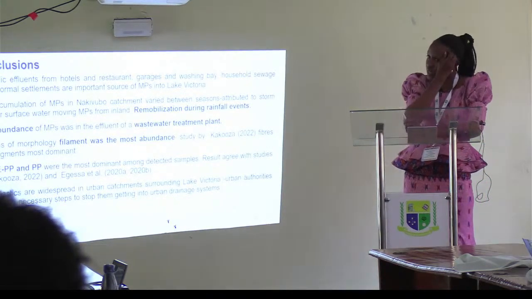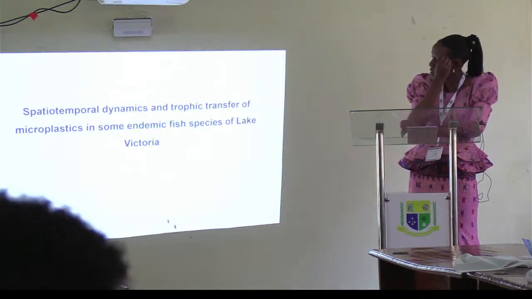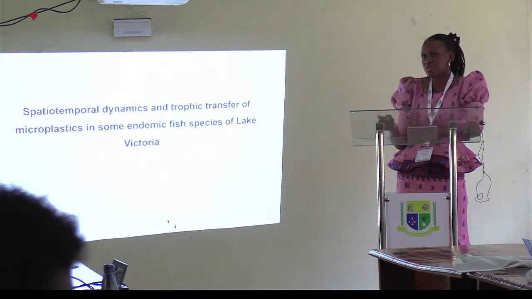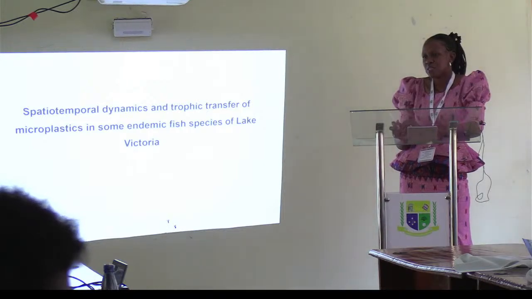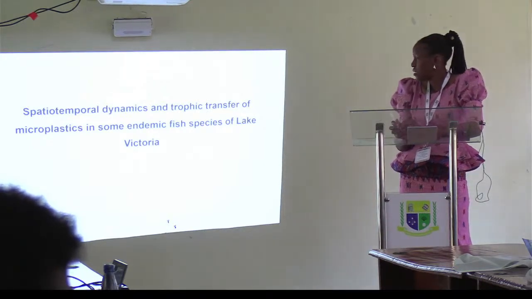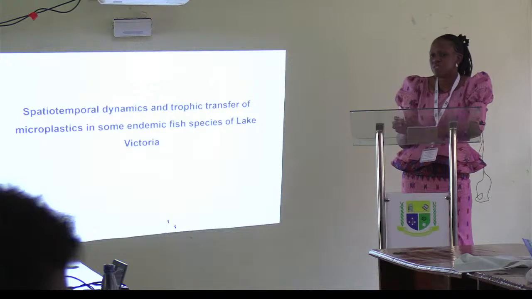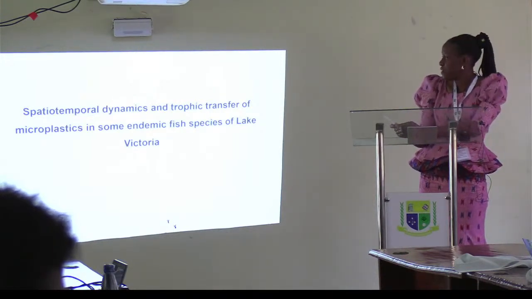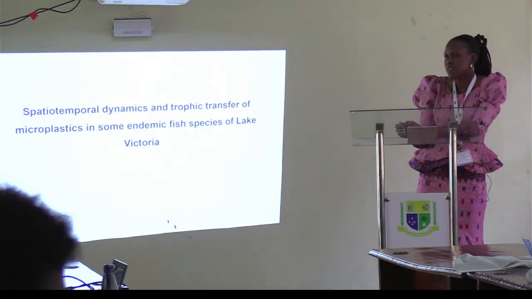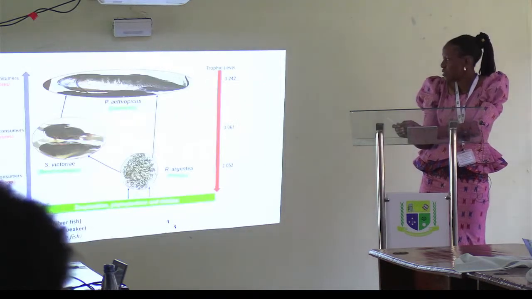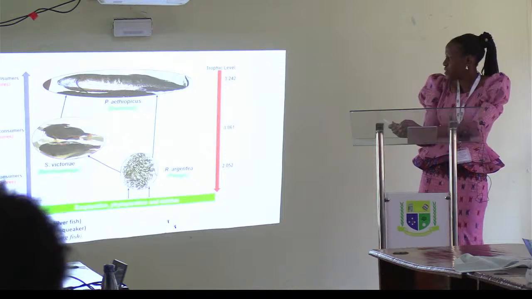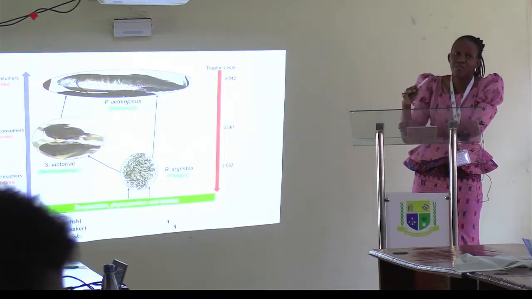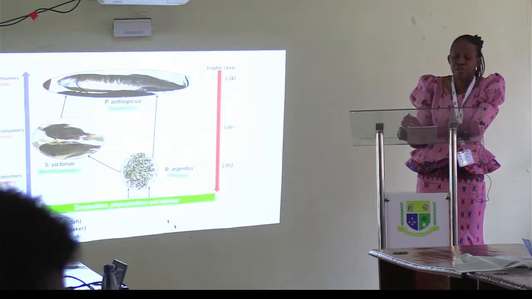We also considered another study where we are looking at fish, because fish is a delicacy, also in Kenya, and we wanted to see if these microplastics are also ending up in some of the fish within the lake. So these are the 3 fish that we used, and we are looking at the different levels within our trophic chain.